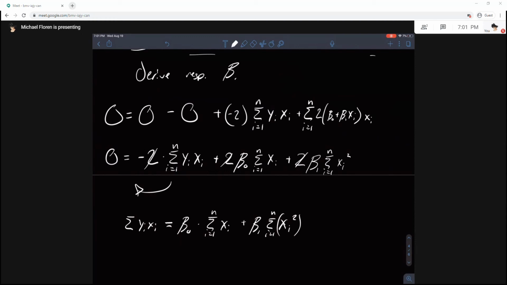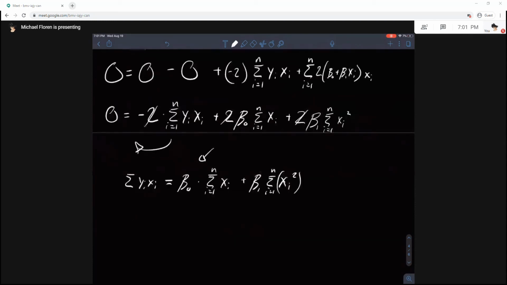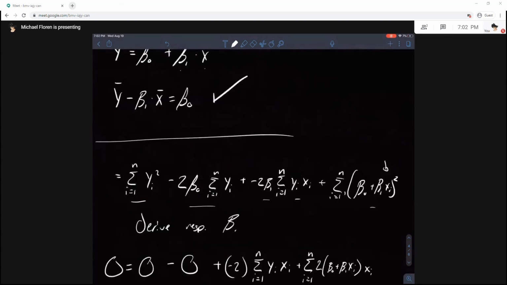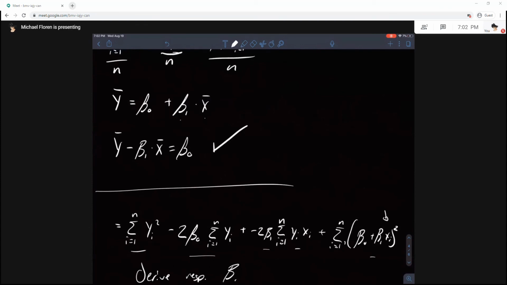Now, it seems like we're almost stuck, but what we can do is sub back in the term for beta 0. Remember, we already solved for beta 0, but we can take those terms and solve for them again, or undo what we already did. So up here we had beta 0 is y bar minus beta 1 x bar.